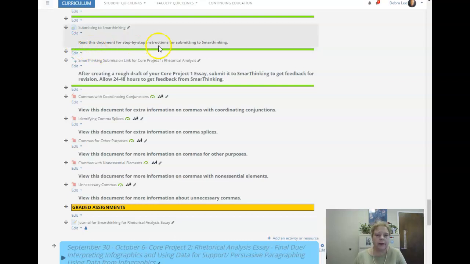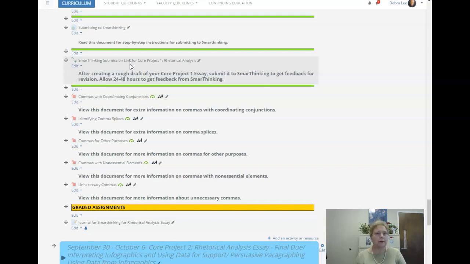As it says here, read this document for step-by-step how to submit to Smart Thinking. I think it's a good document and it will help you. And then you're going to see this. Here is a link for you to submit to Smart Thinking. You need to go ahead and do that sometime this week, because next week will be more revision on your document.